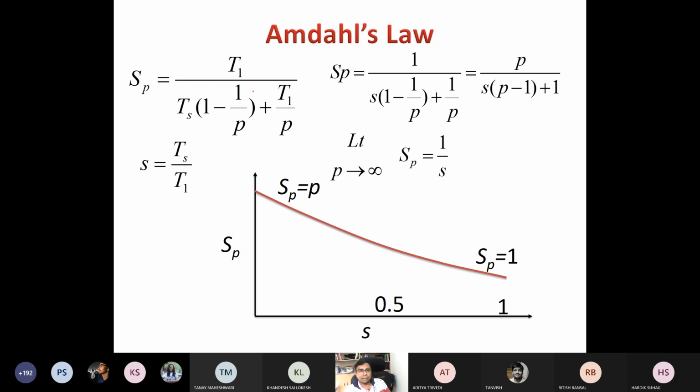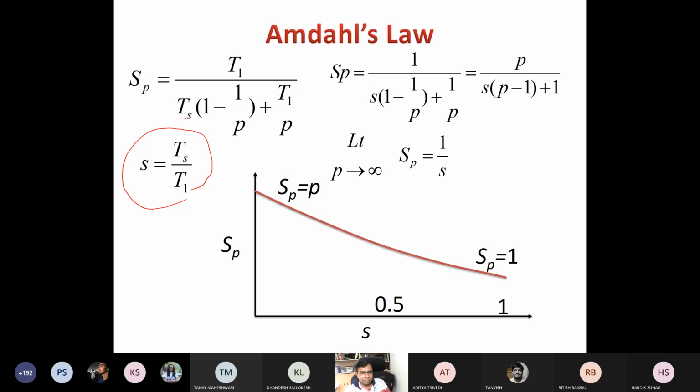So in this case, what we are trying to do? T1 by TS plus 1 by P plus T1 by P. So if you just take S, what is S? S is equal to TS by T1. Okay, S is equal to TS by T1.